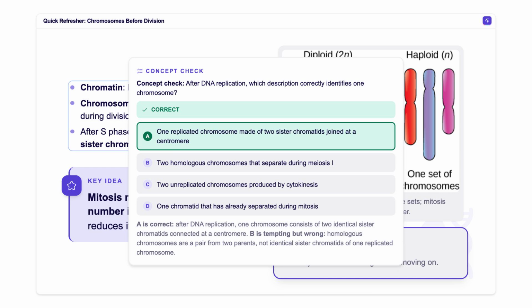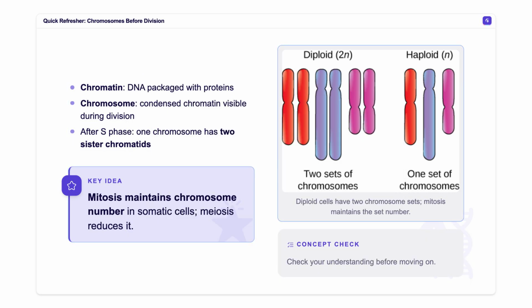After DNA replication, one chromosome consists of two identical sister chromatids connected at a centromere. B is tempting but wrong. Homologous chromosomes are a pair from two parents, not identical sister chromatids of one replicated chromosome. Keep that picture in mind. Replicated chromosomes have sister chromatids joined at a centromere, and mitosis separates those chromatids while maintaining chromosome number. Next, we'll place that event into the larger ordered cycle of the cell.